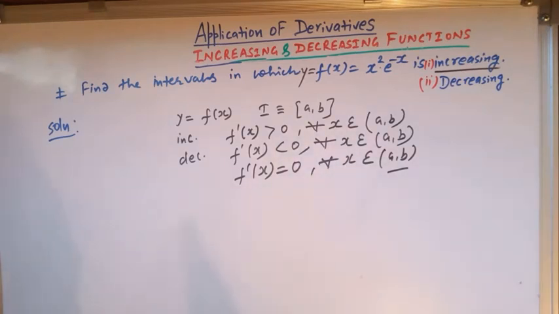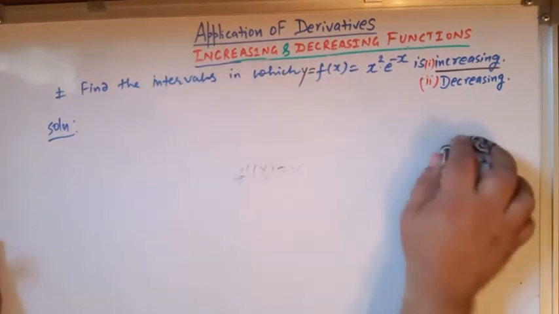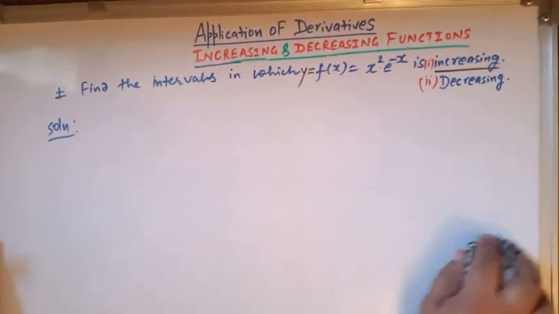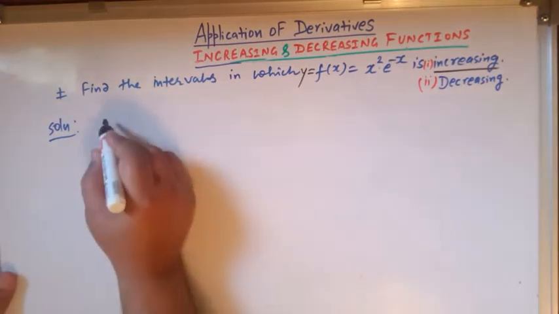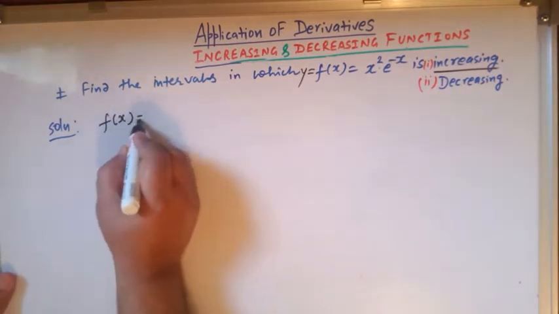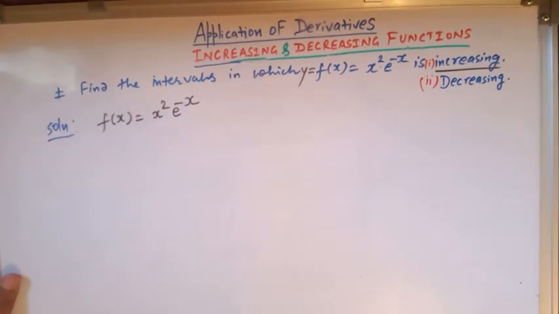So we have here the first question: find the intervals in which the function y equal to f(x) equal to x square e raised to minus x is increasing or decreasing. So here we have f(x) is equal to x square e raised to minus x.